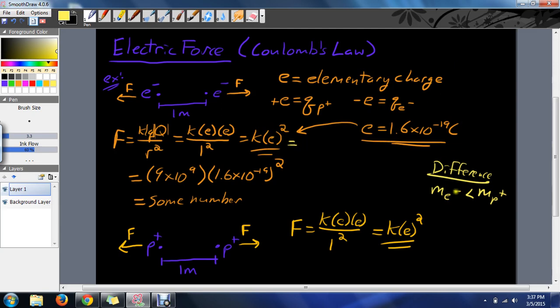Force equals mass times acceleration. So the force is given by this number, and we set it equal to the mass of the electron times the acceleration. And if we set Ke squared equal to the mass of a proton times the acceleration, sorry, that's a subscript. I'll make that more of a subscript. And I'll erase this negative sign there.